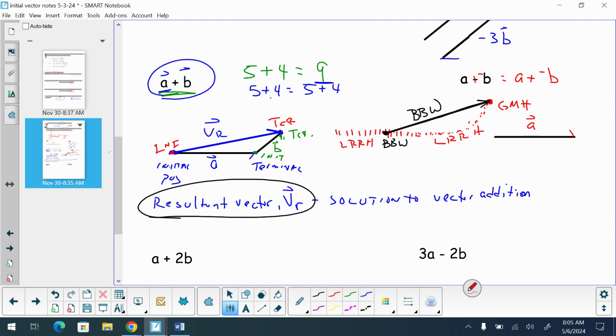We're starting here and we're stopping here. But at this point, we're going to add in a negative B.